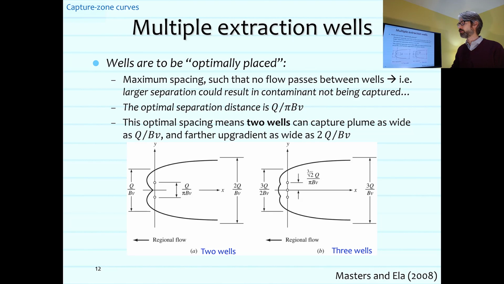This optimal spacing means that 2 wells can capture a plume as wide as Q over BV and farther up gradient as wide as 2Q over BV. And then for the 3 well solution, we can capture a plume as wide as 3Q over 2BV, and here 3Q over BV.